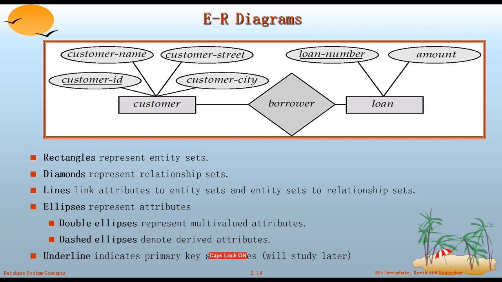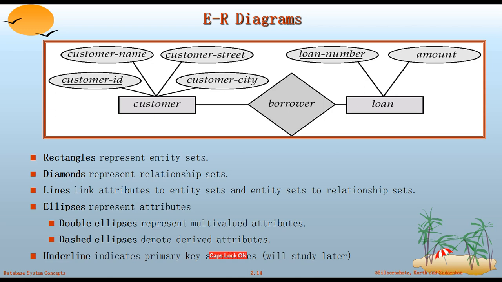Lines link attributes to entity sets and entity sets to relationship sets. So it gives the association between the entity sets and relationships, and from relationships to entity sets. An ellipse represents the attributes.